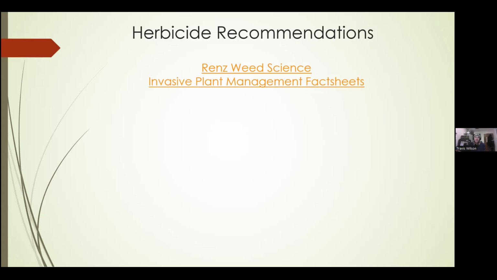For bush honeysuckle, when it comes to foliar options, glyphosate or Roundup as a foliar option gives us 90 to 100% control the year after application, so that following year we're still seeing 90 to 100% control on those individuals.